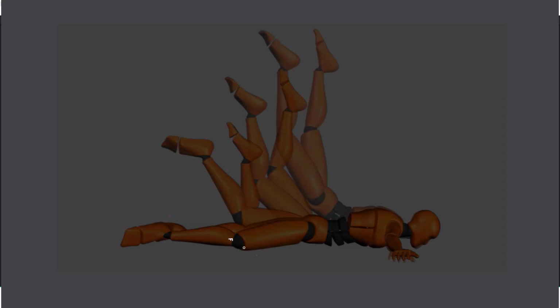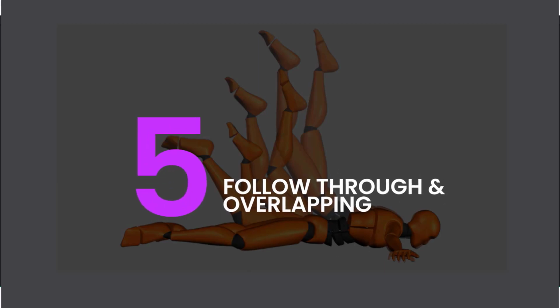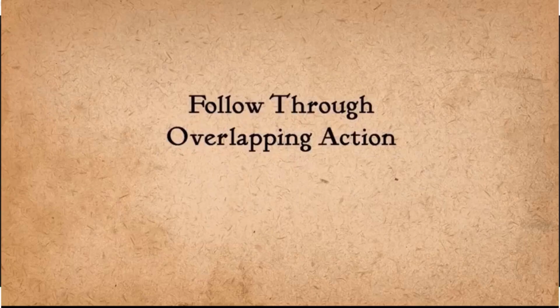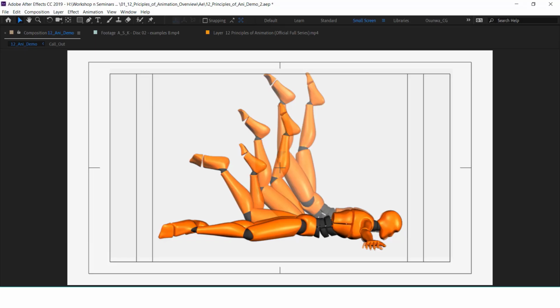The fifth principle is follow through and overlapping. Whenever an object, usually smaller in size or weight, is attached to another that is the main body, we observe this principle happening where the body part, the appendage, first drags behind the main body.